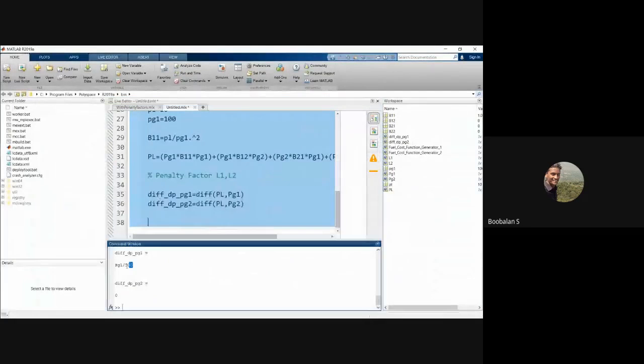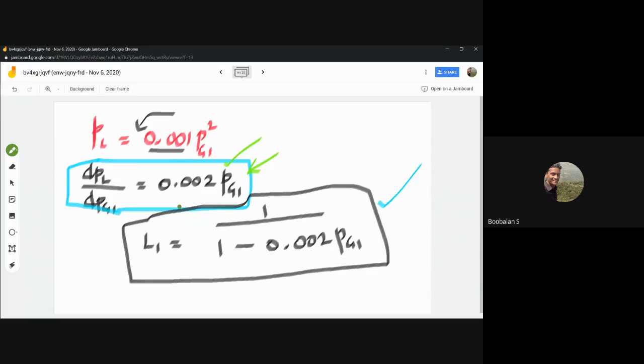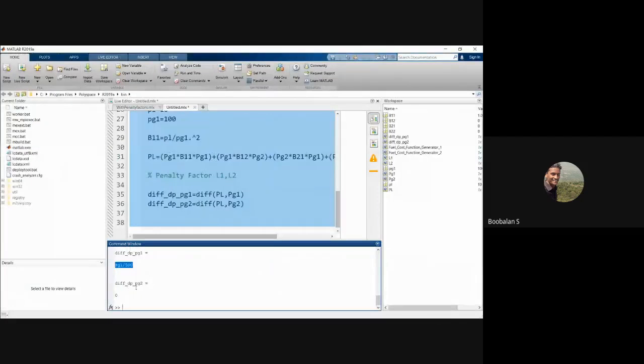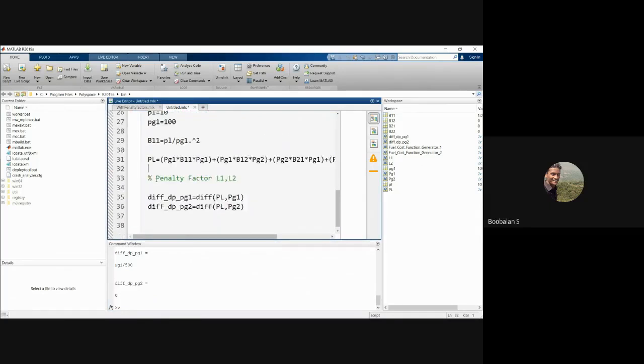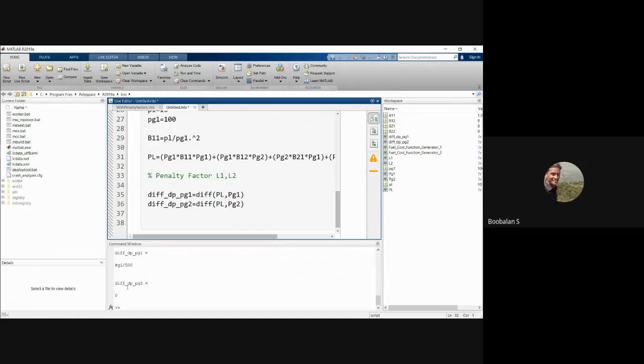In Matlab, it's getting 1 by 500. 1 by 500 is nothing but 0.002, right? It's now correct. And dpg with respect to g2 is now 0 because there is no value for g2. So there is no g1, but totally it's going to be 0 because we already evaluated the constant. That's why this second thing, L2, is now 0. Sorry, L2 should be 1, I guess, right?